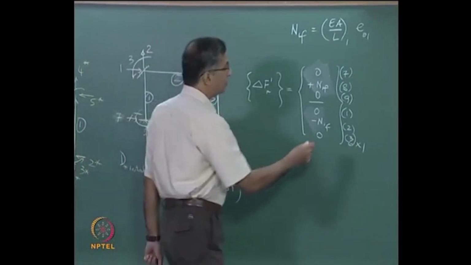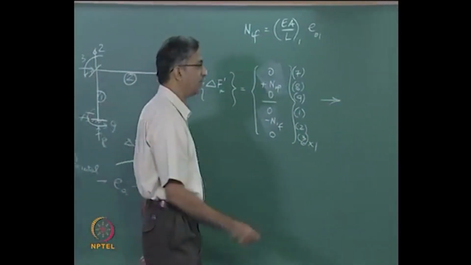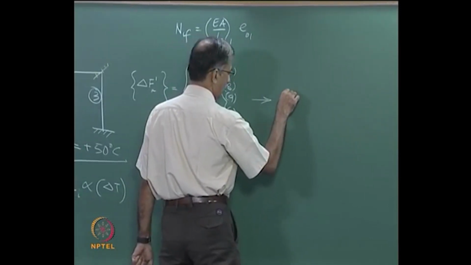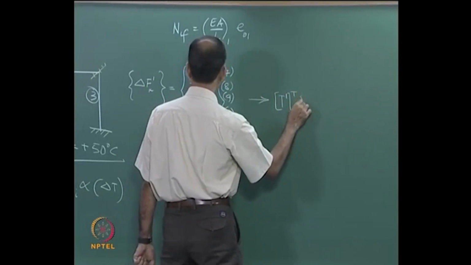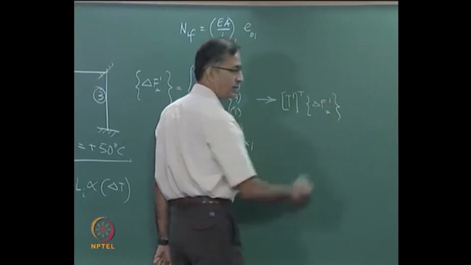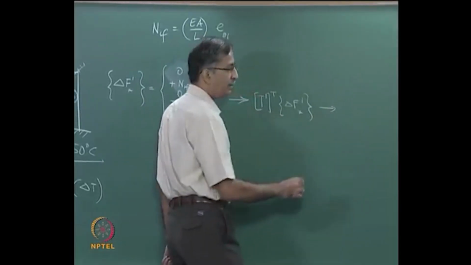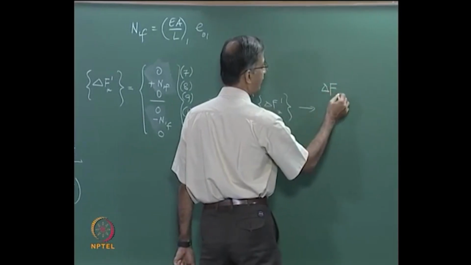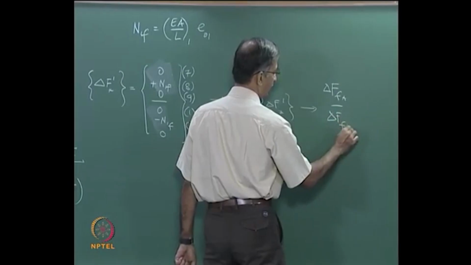You now need to convert this into the global coordinates by pre-multiplying it with T1 transpose, and what do you get? Finally, if you add up for all the elements, you will end up with delta F FA, delta FFR.